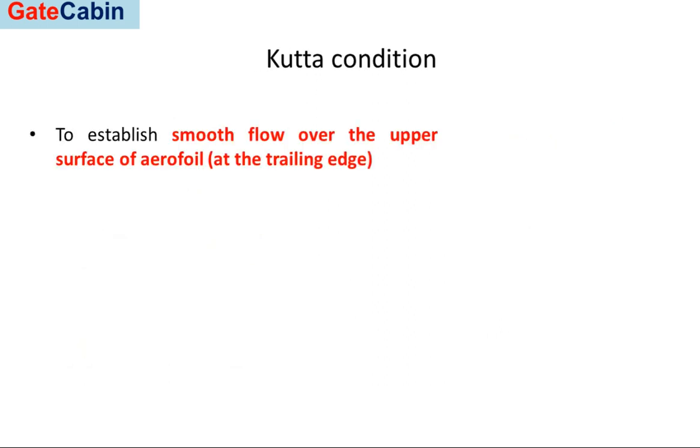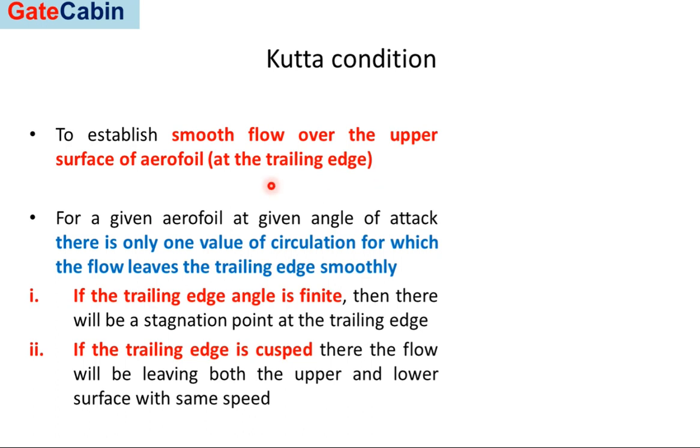What does the Kutta condition say? Like I said, it helps us to establish a smooth flow over the surface of the aerofoil near the trailing edge. It says that for a given aerofoil, at a fixed angle of attack, for a given shape of the aerofoil, there is only one value of circulation for which the flow leaves the trailing edge smoothly, right?